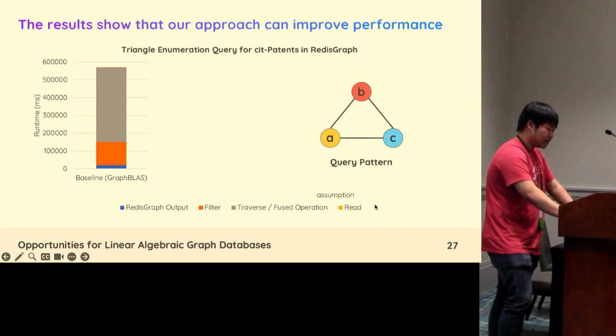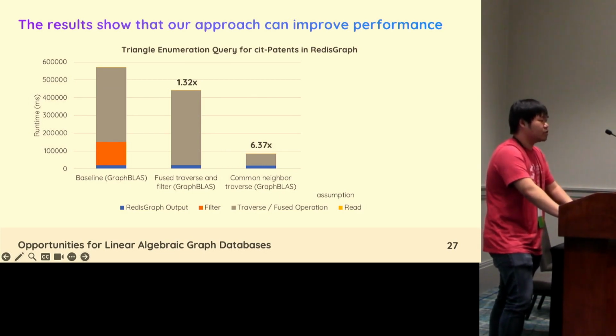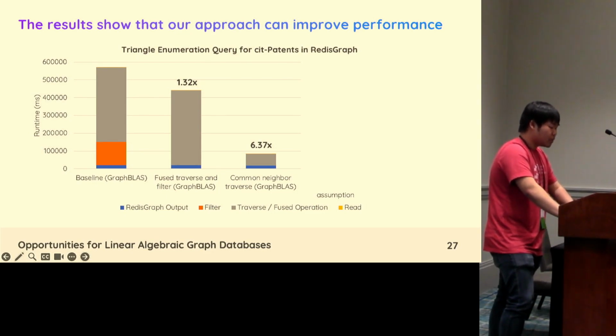From the baseline, after we introduce the fuse traverse and filter stage, we gain a 1.32 times speedup. After we introduce the common neighbors traverse, we gain a 6.37 times speedup relative to the baseline. But this is only when we use only GraphBLAS. So we go further.